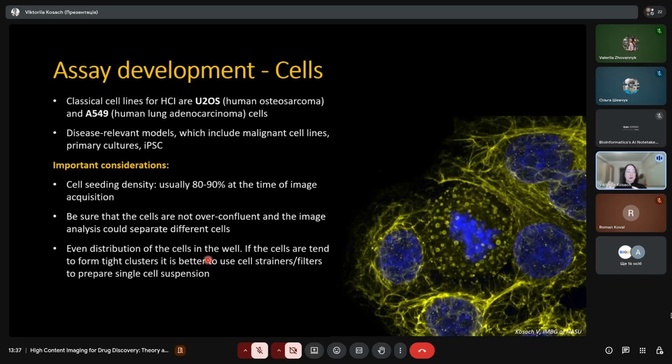For example, HepG2 and MCF7 cells could cluster, and then image analysis does not work very well. In such cases, you could use cell strainers or cell filters. You filter such suspensions through them, and you receive more or less a single cell suspension that is better for high content imaging.